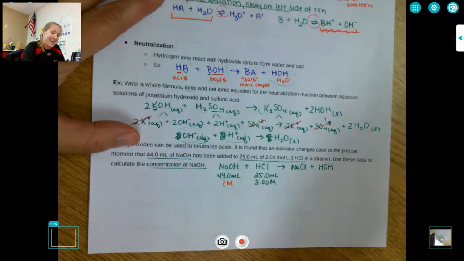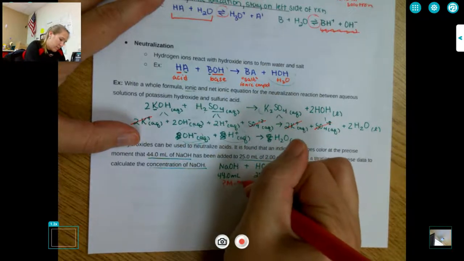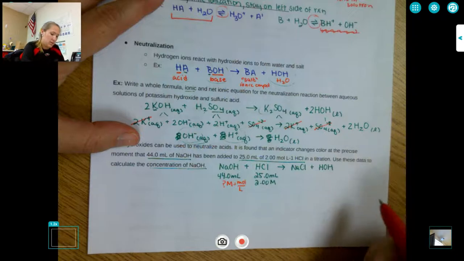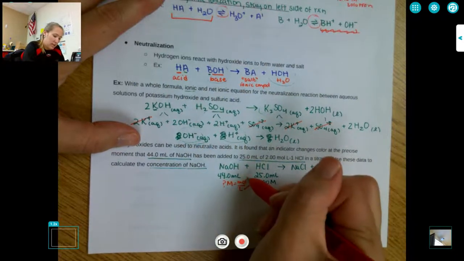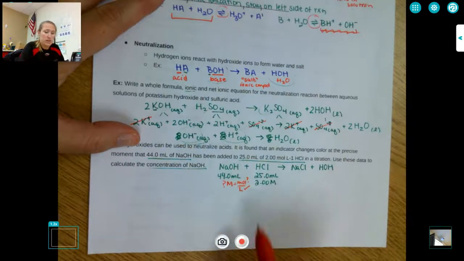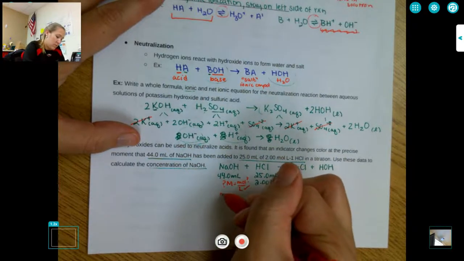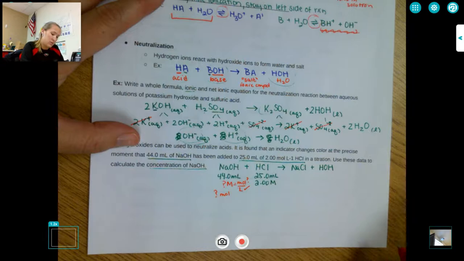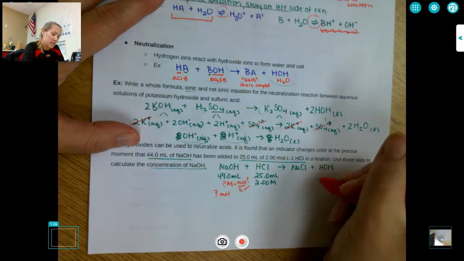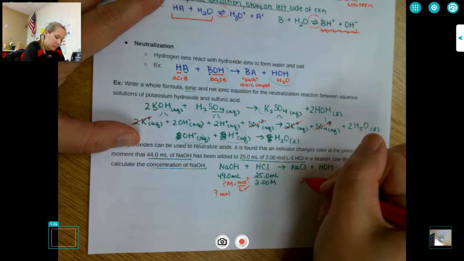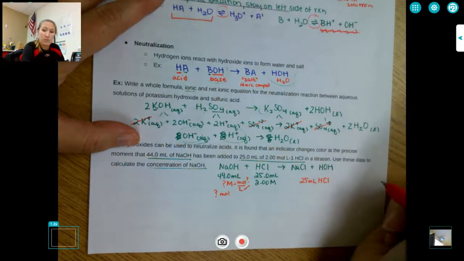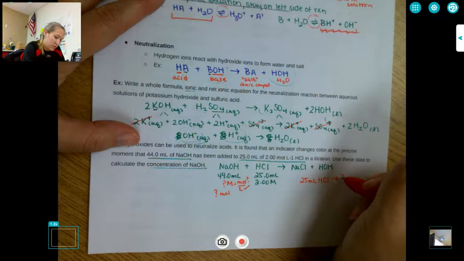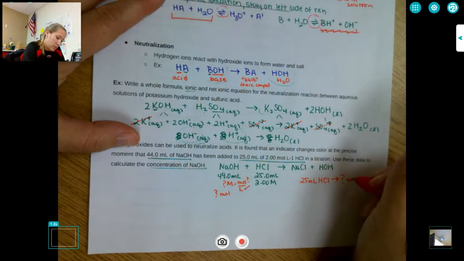So to know its molarity, I need moles per liter. I know my volume because that's milliliters, so I know that, but I don't know moles. So it means I have to find my moles. I'm looking for my moles of sodium hydroxide. So that means my known value, 25 mL of HCl, is my known measured value, and I'm trying to find my moles of NaOH.